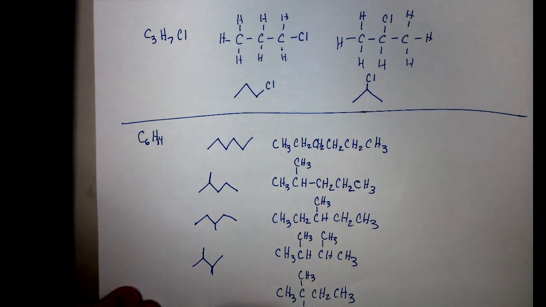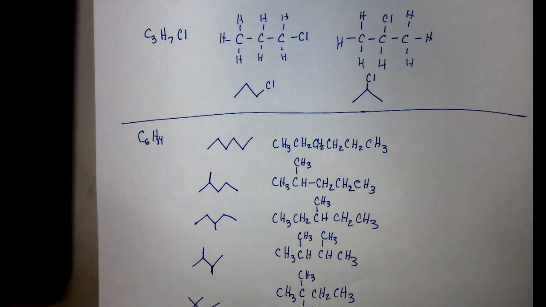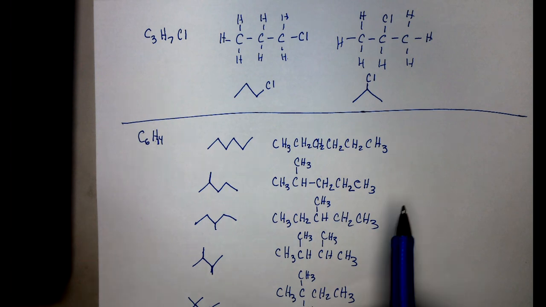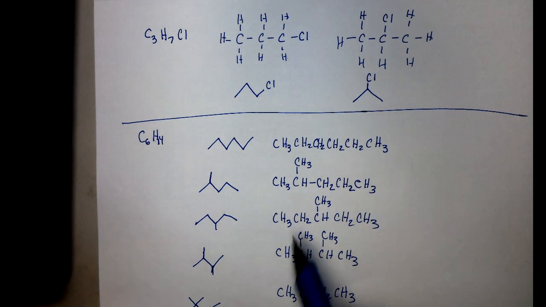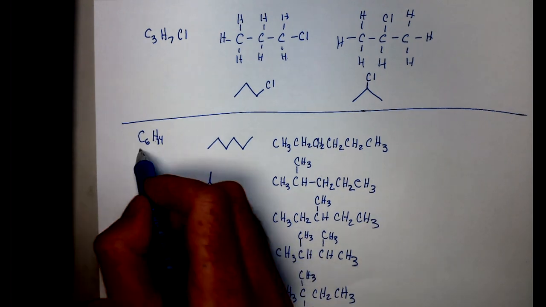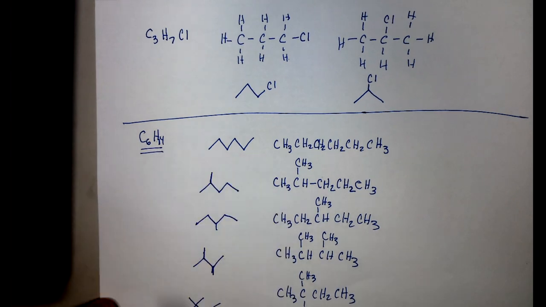Line structure, except now the CH3s both come off of the same carbon. And those would be the 5 structural isomers for our hexane C6H14.